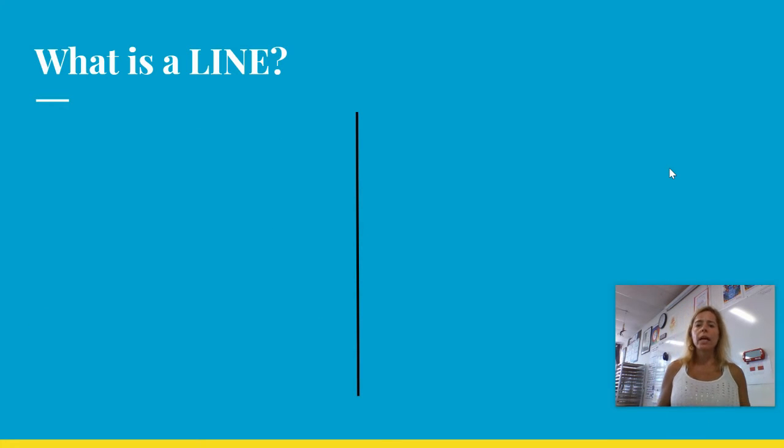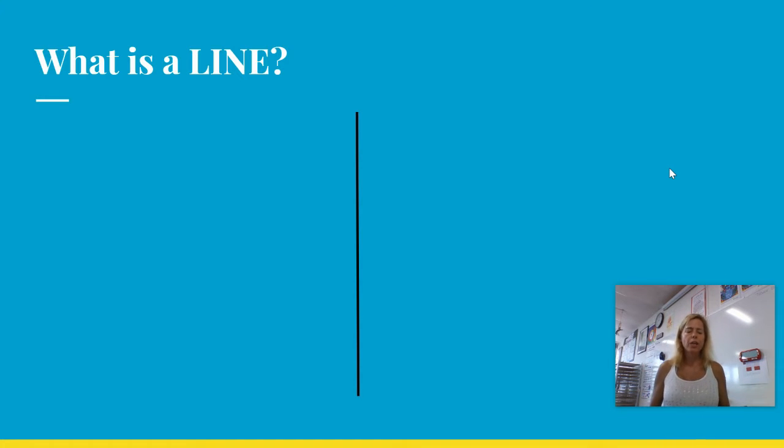When you look at this line, what does it feel like? In order to feel what the line makes you feel, you have to pretend to be the line. So if you were this line stretching all the way up and down, think about what you're feeling right now. What does this type of line make you feel like?